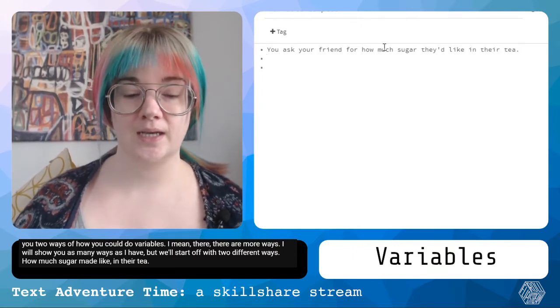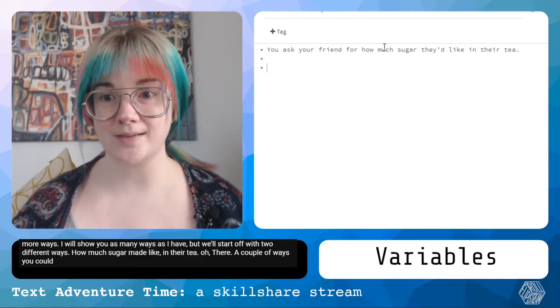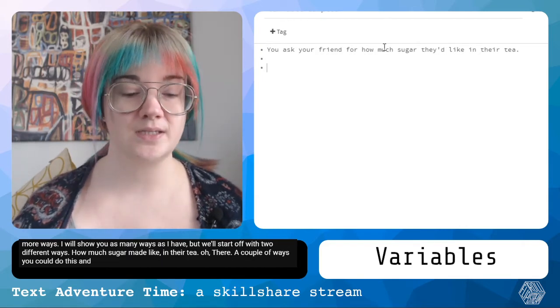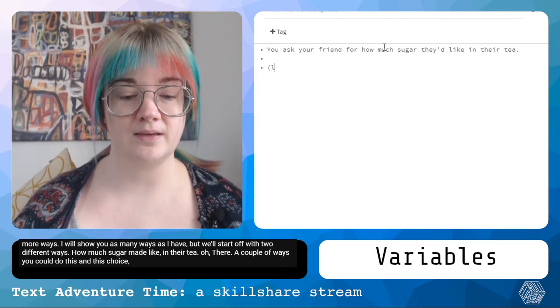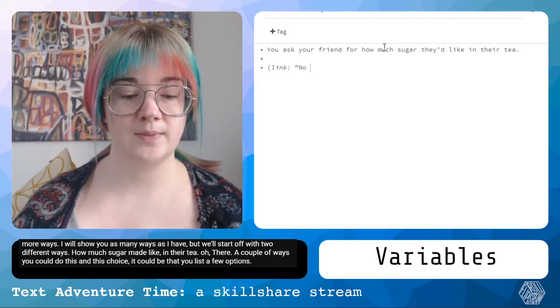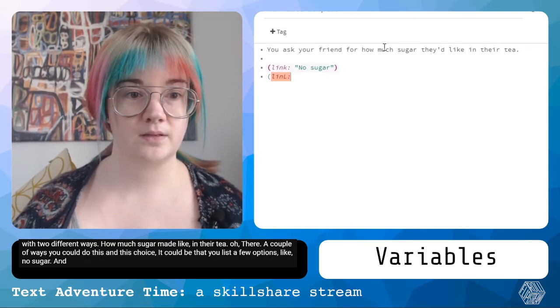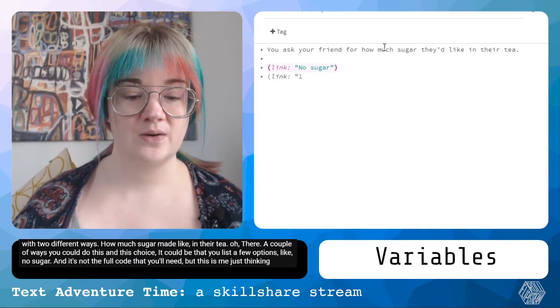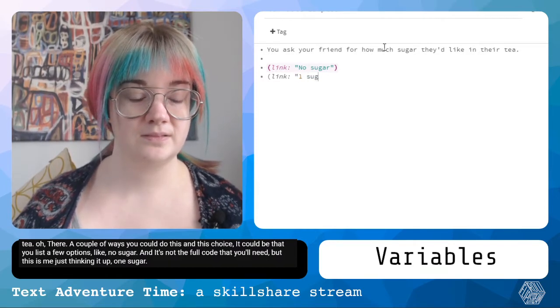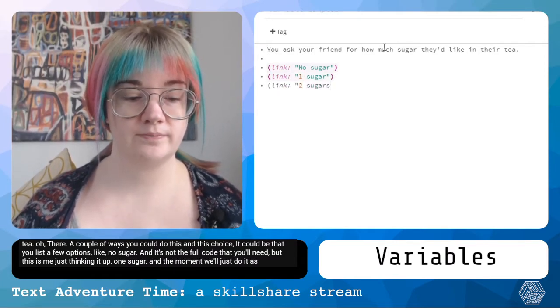Now, there are a couple of ways you could do this choice. It could be that you list a few options, like no sugar. This is not the full code that you'll need, but this is me just thinking it up. 1 sugar. And for the moment, we'll just do it as 2 sugars.